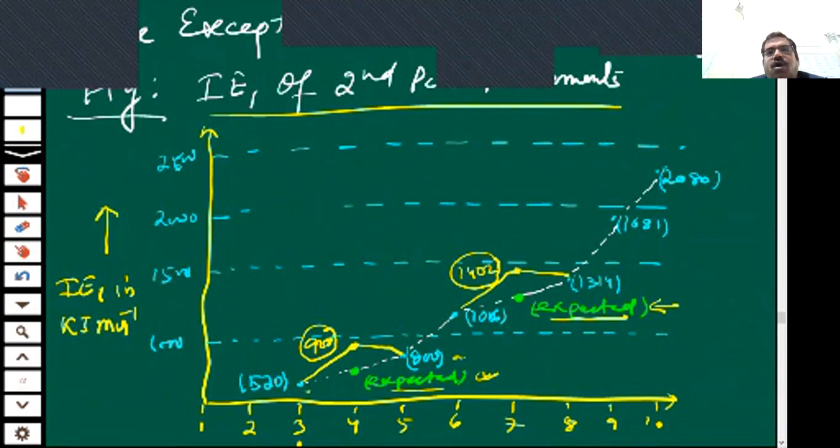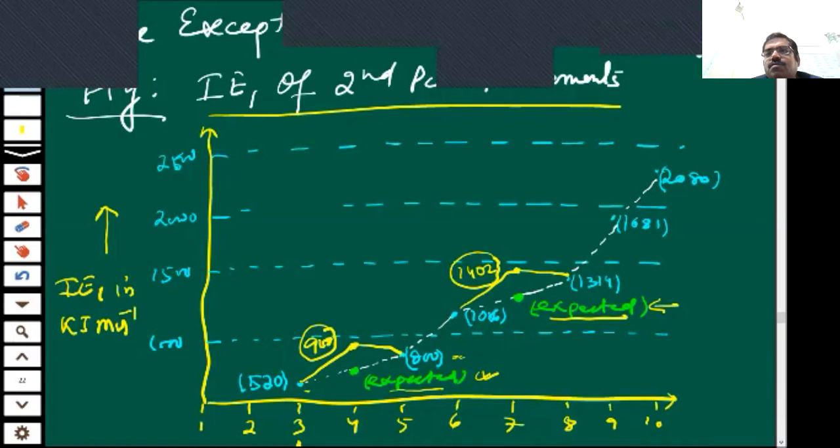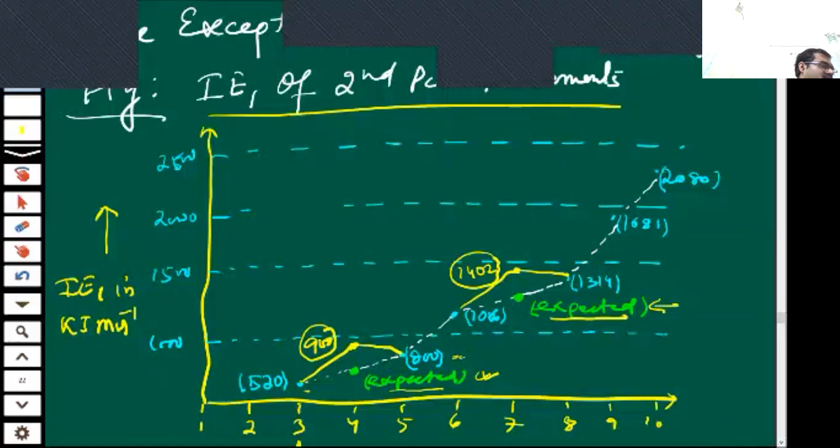Yesterday we have written all the important factors which affect ionization energy. I think so. Do you remember the factors? Atomic size. Okay, there were so many factors I discussed here.